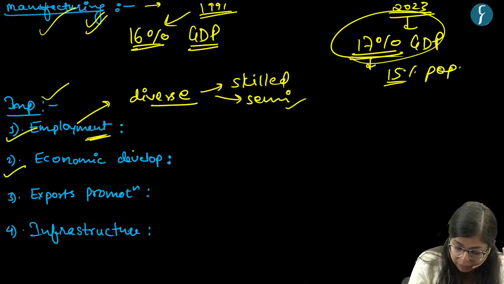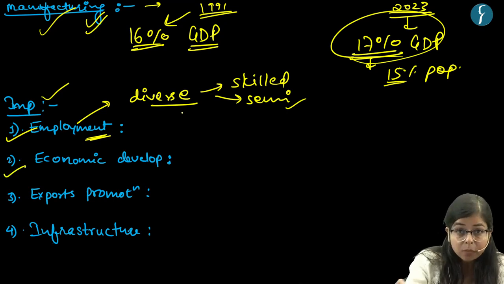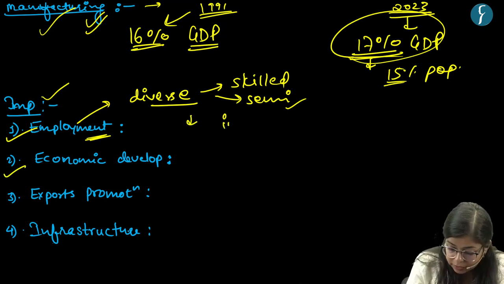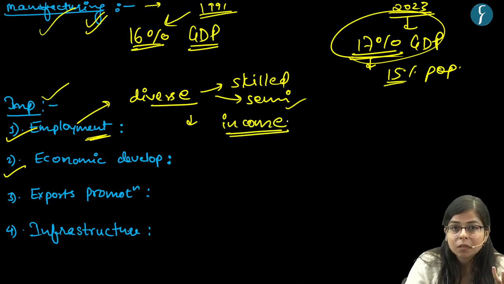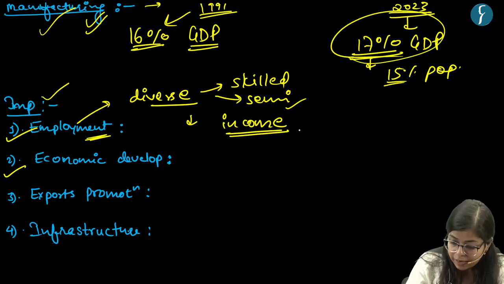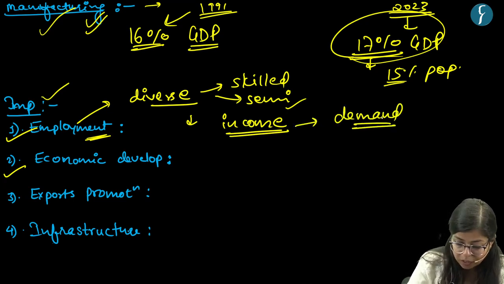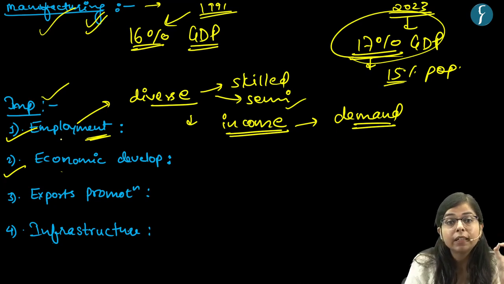The other thing, now when this sector will provide employment, this will lead to an increase in income, in disposable income of these people, right? And these people will spend money and create demand in the economy. So employment generation is necessary for economic development of any country, right?